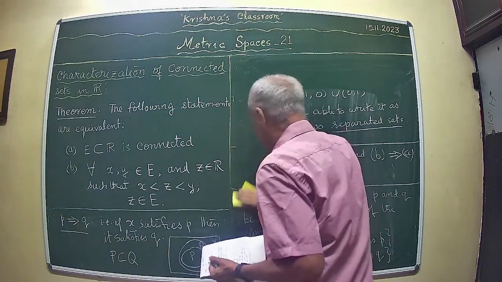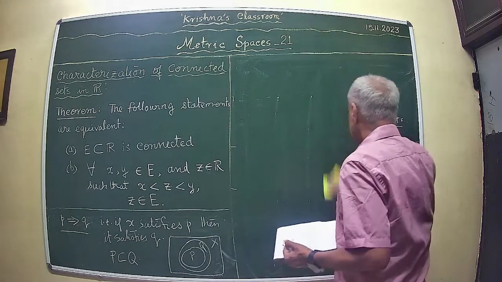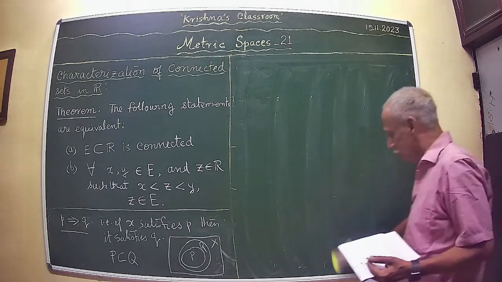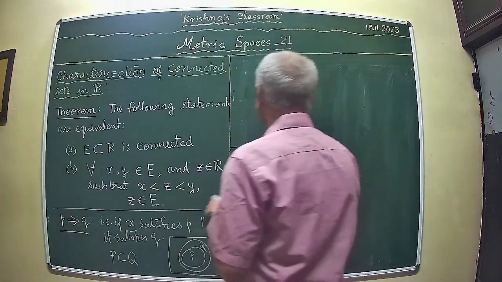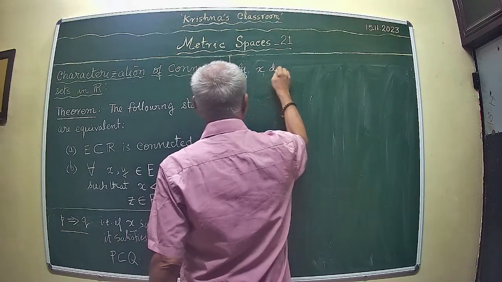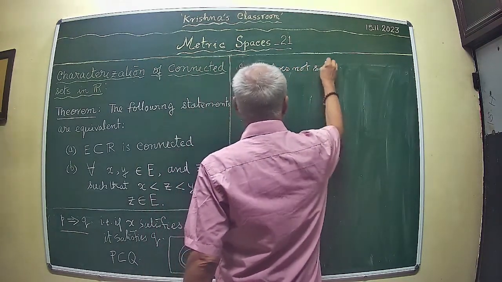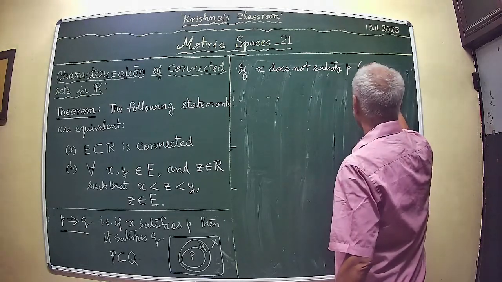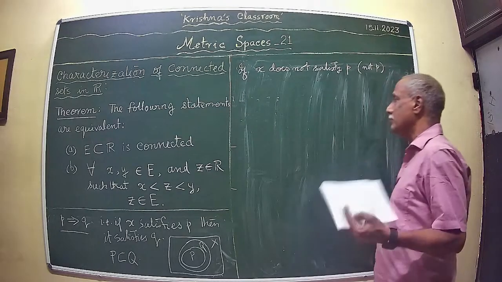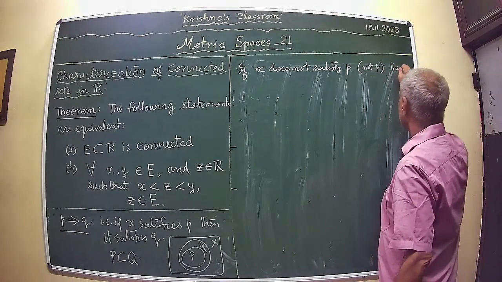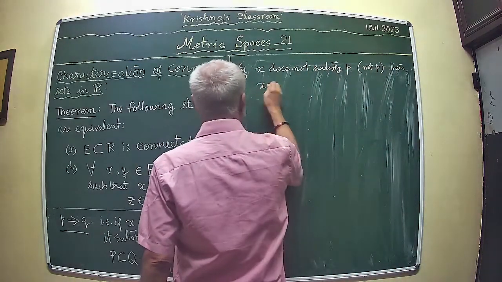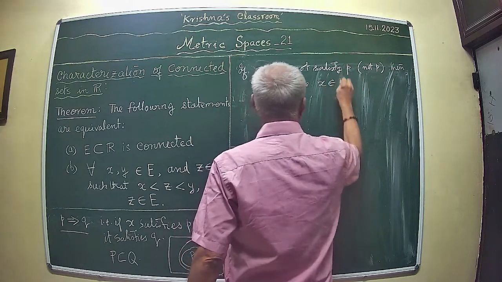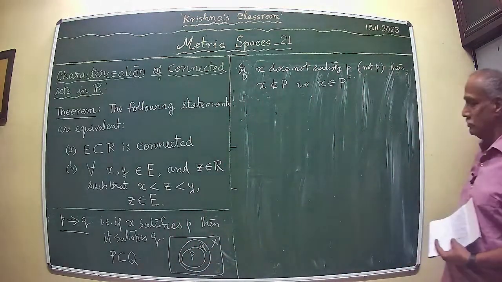Now consider this statement. What about the elements that do not satisfy P? They are in P complement. If x does not satisfy P, say not P, that is designated by not P, then what we have is that x does not belong to P, that is x belongs to P complement. Okay.